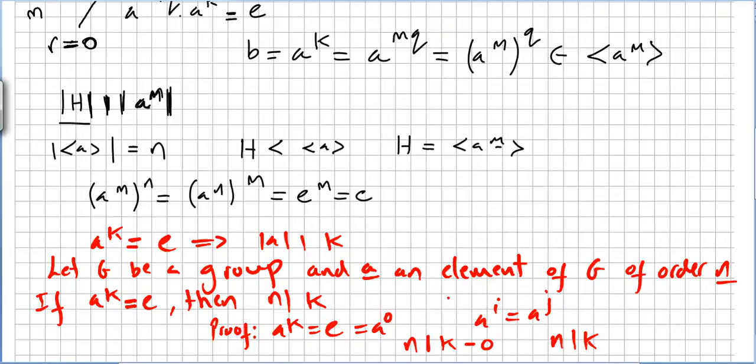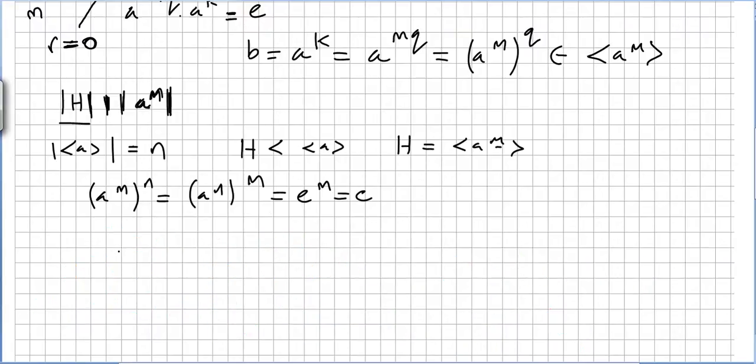So I'm going to use now this corollary: A to the power of K equals the identity implies that the order of A divides K. So by the corollary used above, the order of A to the power of m should be a divisor of n.